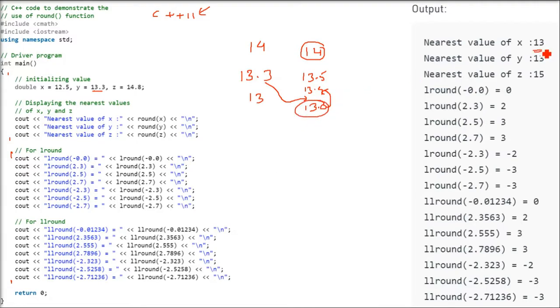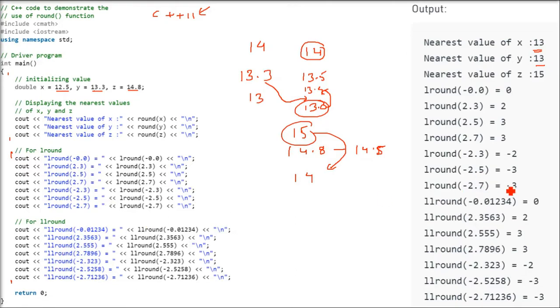It will return 13. Now if 12.5 comes, as I said, from 12.5 till 13.0, it will give 13 only. For 14.8, what is the mid of 14 and 15? It is 14.5. Where 14.8 lies, between 14.5 and 15, so it will be 15.